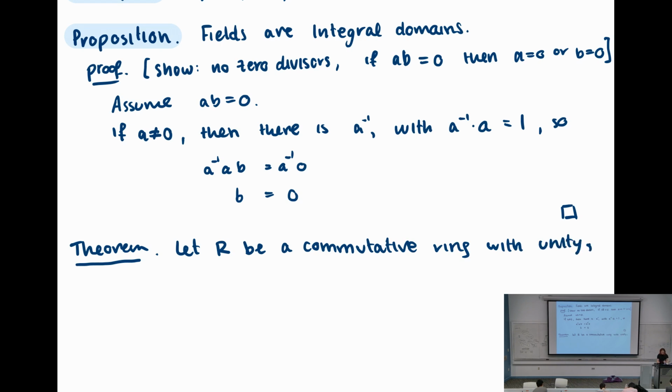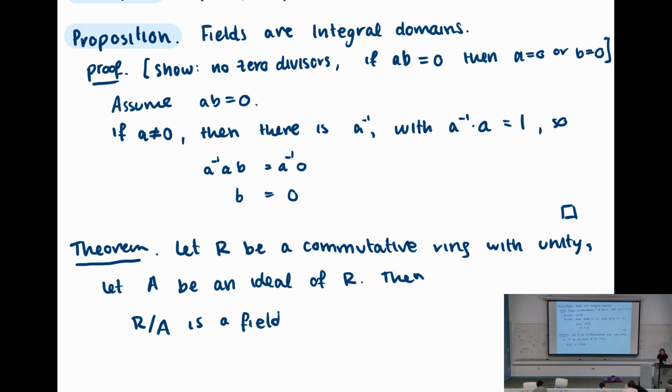And we'll let A be an ideal of R. Okay, then the statement of the theorem is that R mod A is a field if and only if A is a maximal ideal.